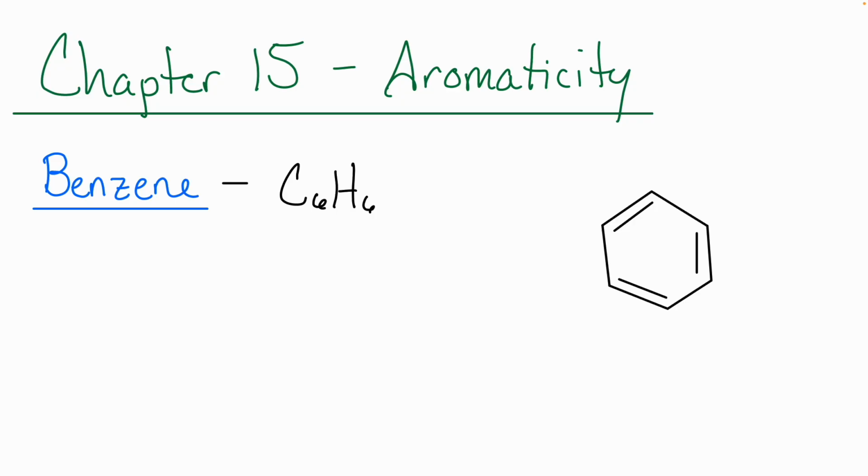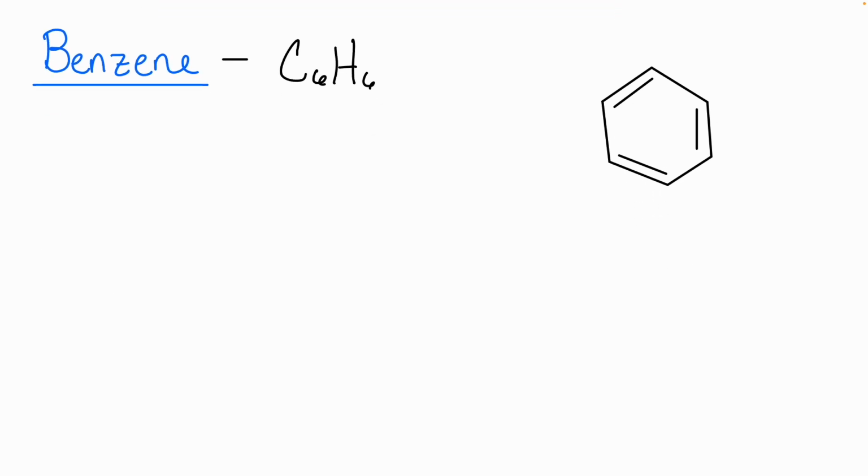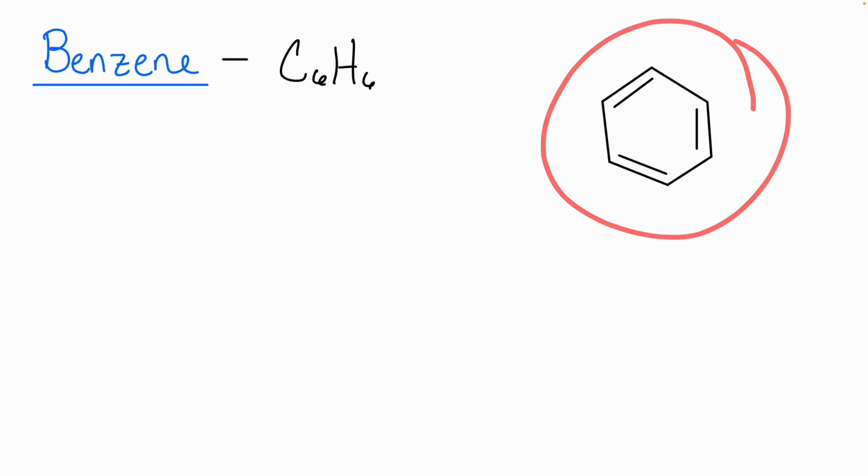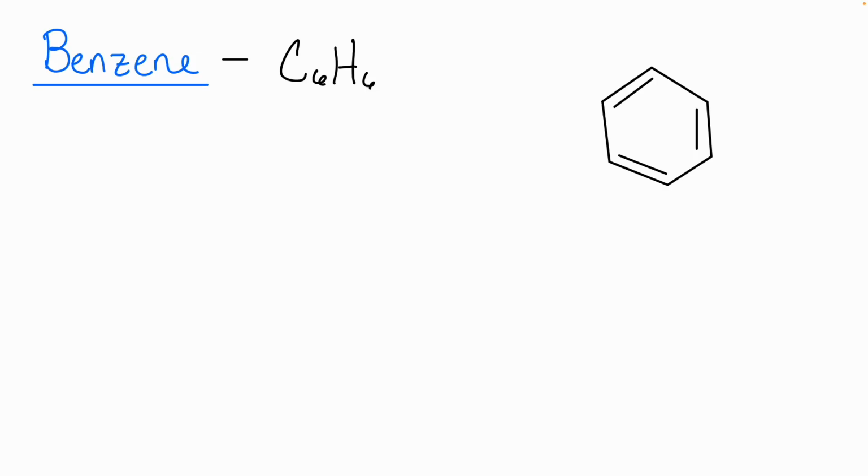But this is where everything got confusing to early scientists, because what do we know about the length of double bonds compared to single bonds? Double bonds are longer or shorter than single bonds? They're shorter than single bonds. So if I were going to draw a molecule that's this ring structure where every other bond is a double bond, and I'm going to make this kind of dramatic here, we would expect it to have long single bonds and very short double bonds.